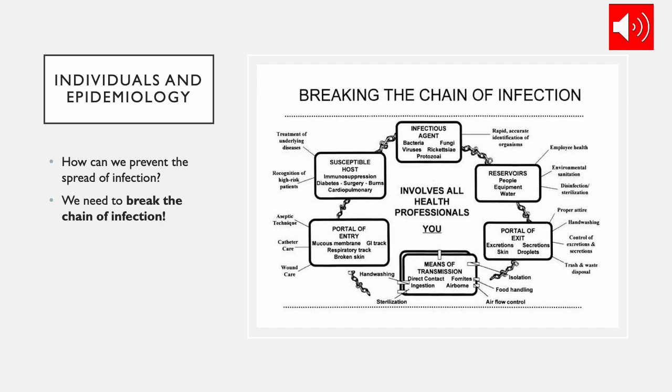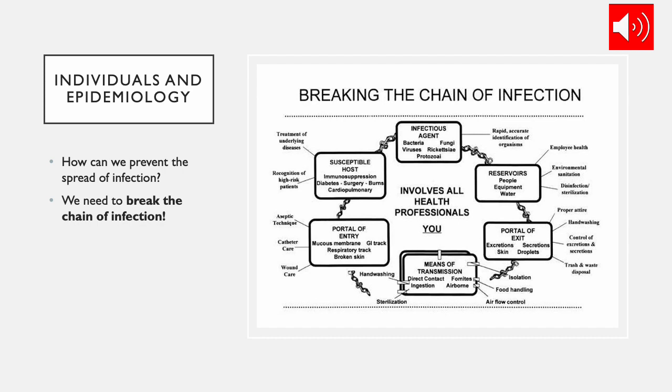So as you see here, you need a few things. You need an infectious agent, which can be your bacteria or your viruses. You need a reservoir. This could be people, this could be equipment, this could be water. And you need a portal of exit. So your secretions or body fluids, droplets, your skin.